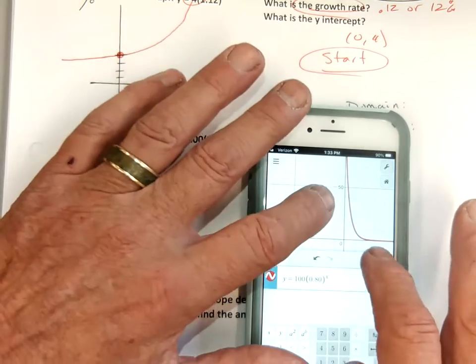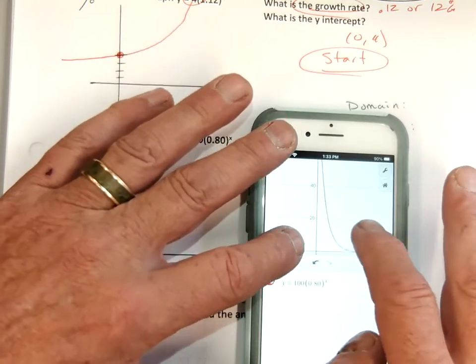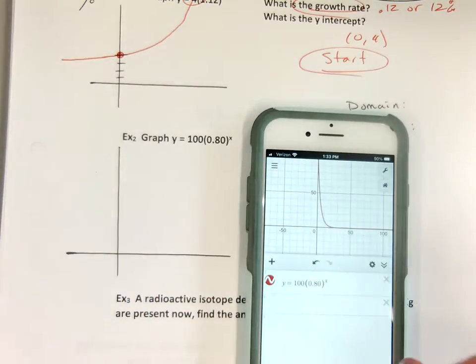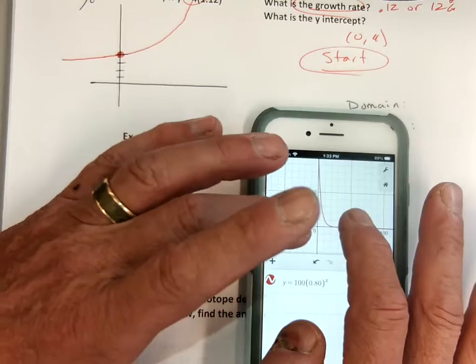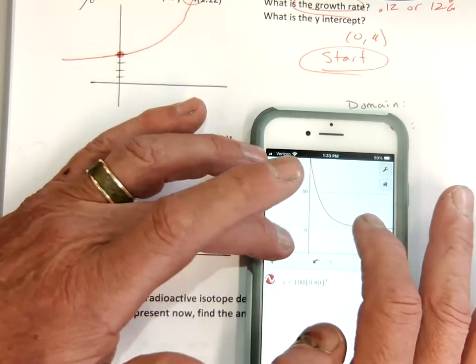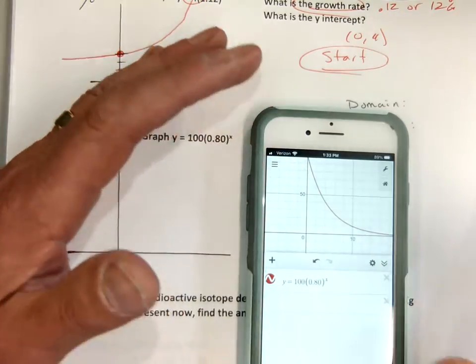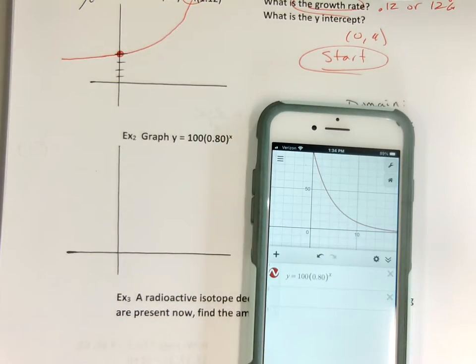It looks like this. And if I were to flatten this curve out a little bit, let's see if I can make this a little better. Here's a better picture of it, right? And it's going less and less. And it never reaches 0, but it bottoms out, okay?